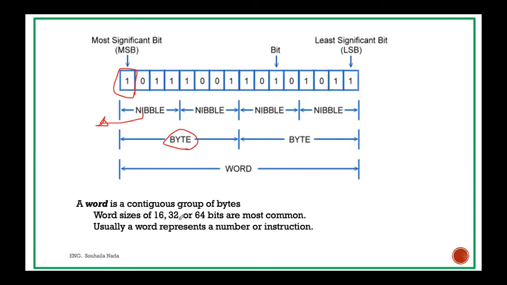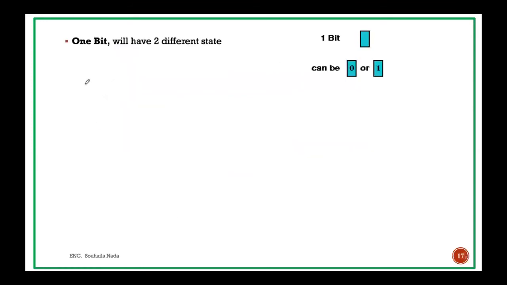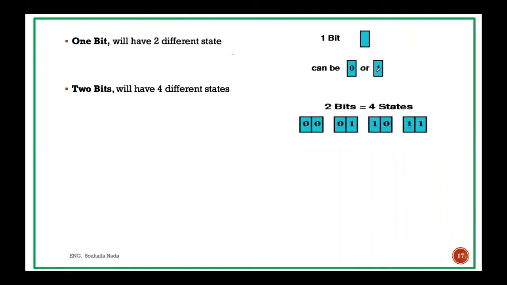So 1 bit means that we have 2 different states, 2 values, 0 or 1. So what if your system consists of 2 bits? As Salma said at the beginning, 2 bits means that you have 4 different states. If we have 2 bits, we can store 0 and 0, the first possible state.